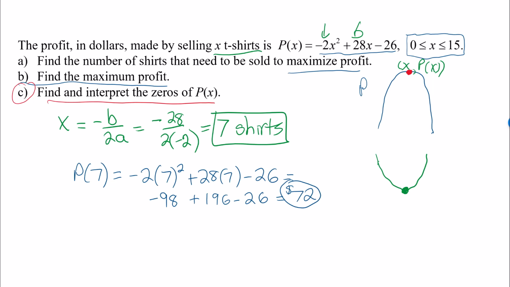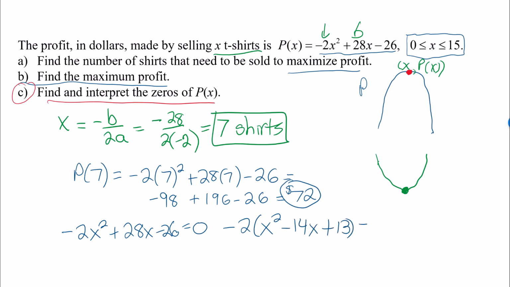So let's take our polynomial function, negative 2x squared plus 28x minus 26 equals 0. There's a negative 2 in common. I'm going to factor that out, so that will make that a negative 14x and make that a positive 13, equals 0. So I can see that factors into 2 sets of parentheses.